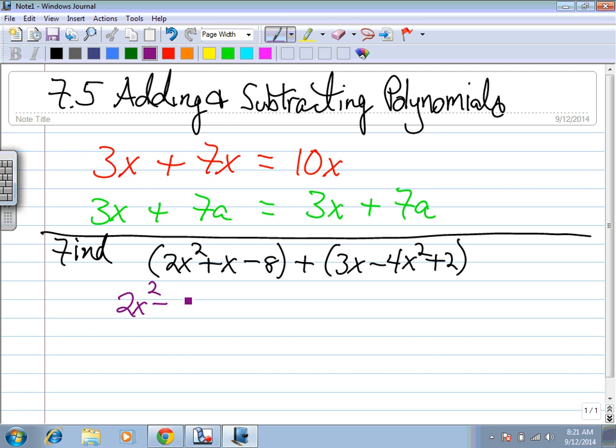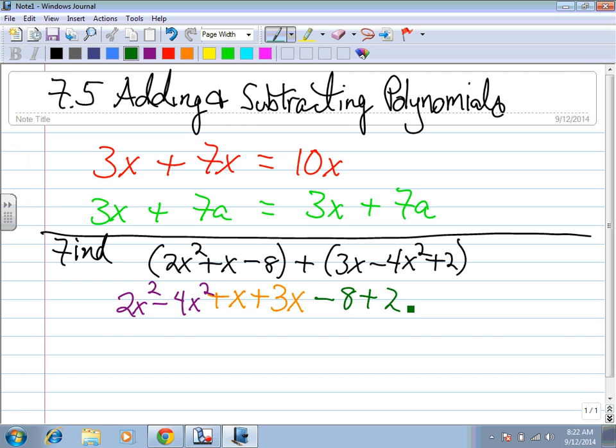So I have 2x squared minus 4x squared. And we have x and positive 3x. And we have negative 8 and positive 2. Does anyone not see that?